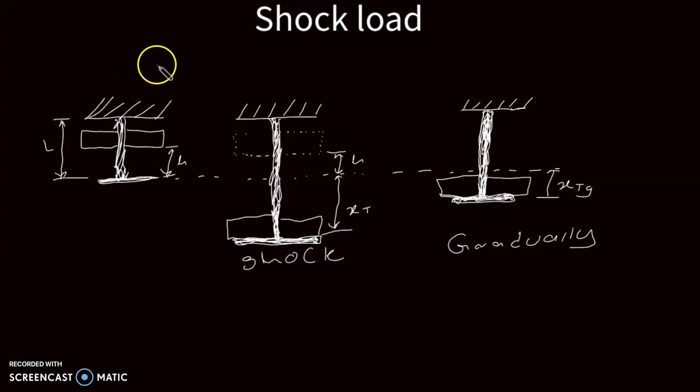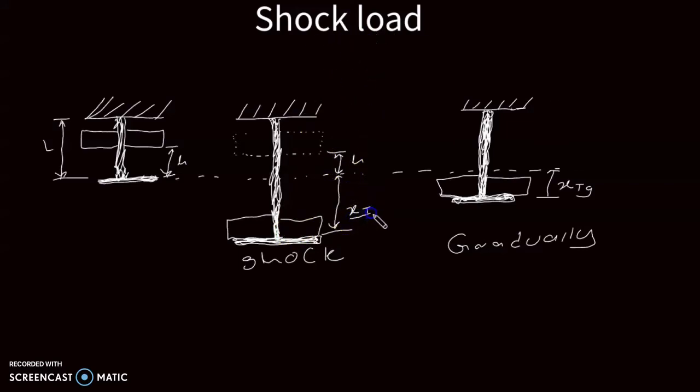Let's look at this scenario now, where we have a rod and an object above the bottom of the rod at a height of h. At a height of h, we let this object fall and hit the bottom of the rod. At first, as it comes into contact with the rod, the kind of force exerted on the rod will be the shock load.